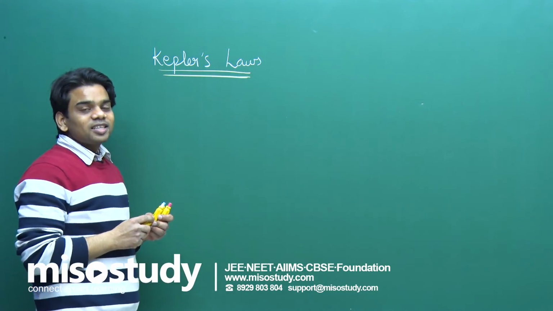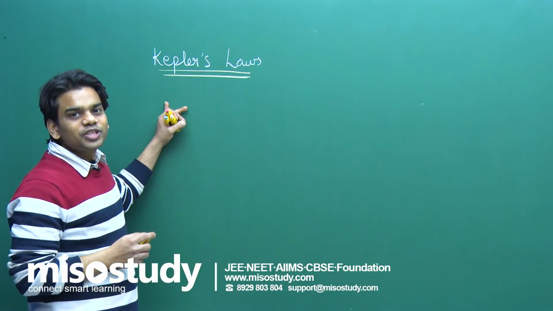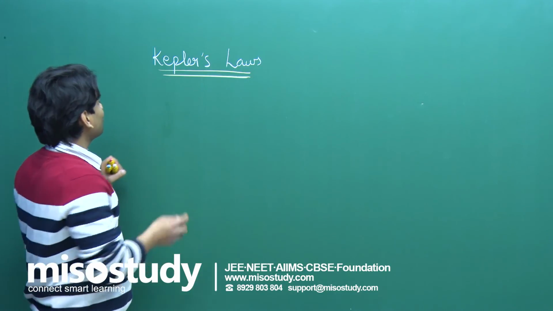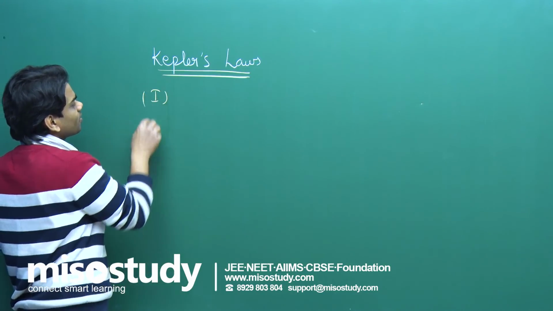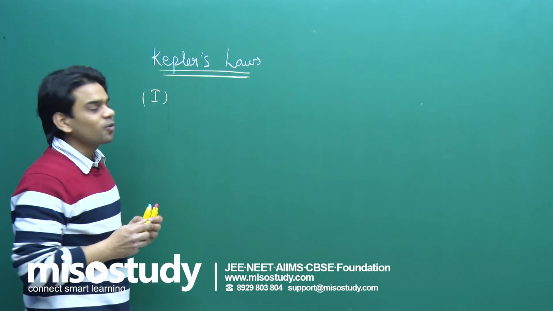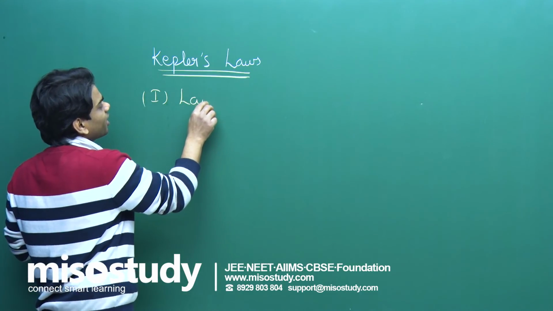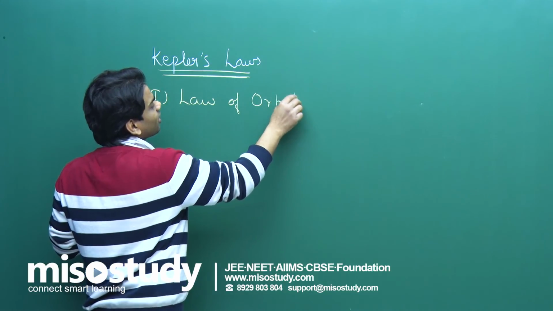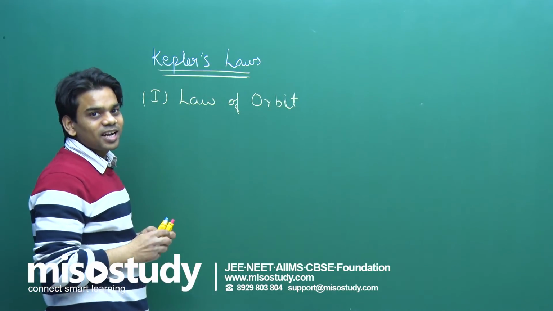Kepler gave us three laws which control the motion of the planets around the sun. The first law is the law of orbit: every planet is revolving in an elliptical orbit with the sun at the focus.